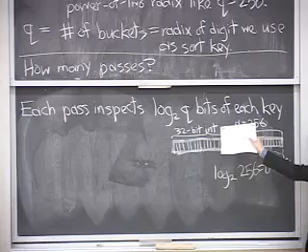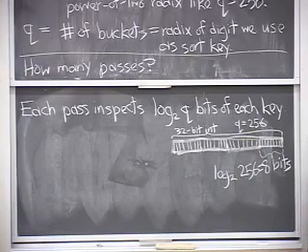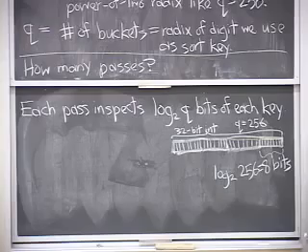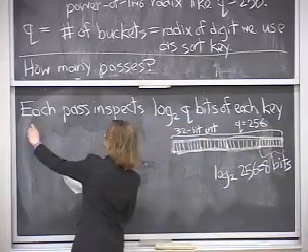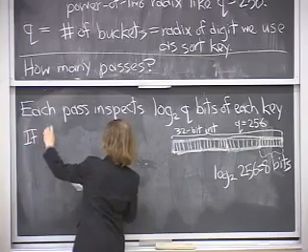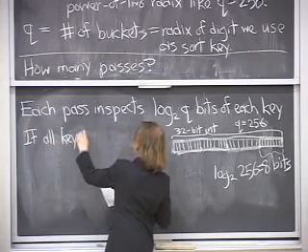More generally, if you have Q Qs, then you can inspect log 2 of Q bits and sort on log 2 of Q bits for each pass. And then, let's assume that all the keys are represented in B bits.